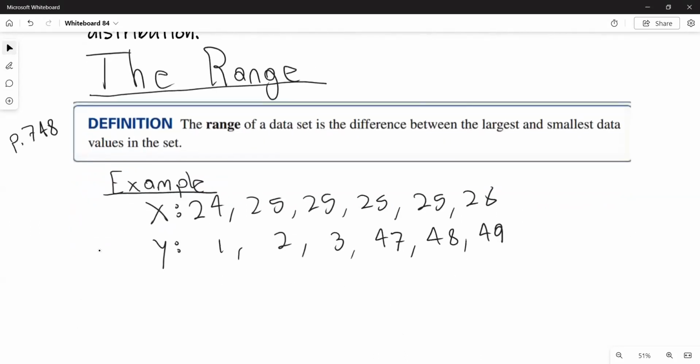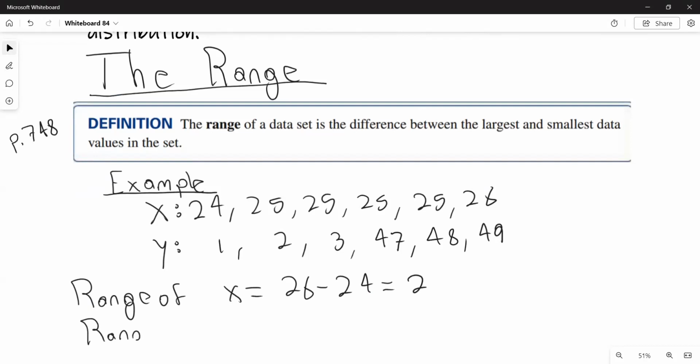The range of X is going to be 26 minus 24. And the range of Y is 49 minus 1. So that's 48.